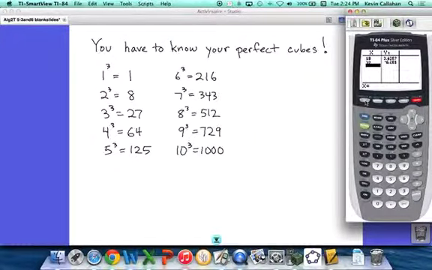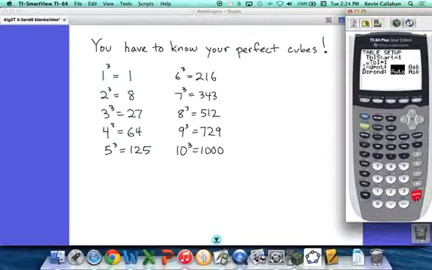Just go to the y equals. First, let me set my table set back to 0 or 1, enter, auto. And now I'm going to go to y equals, and I'm going to make that x to the third. And then when I go to my table of values, there's all the perfect cubes.